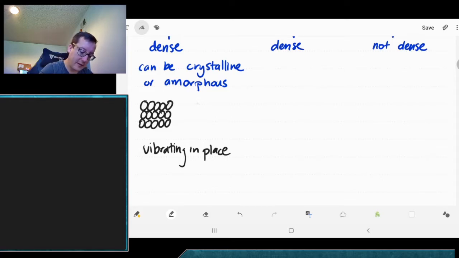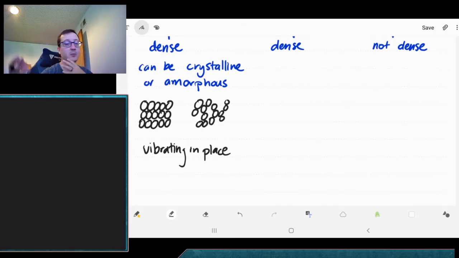Amorphous solids are less organized. So they might have gaps or something in them. But they're also not moving. They're just vibrating. So they don't move side to side. They don't move on top of each other. They just kind of vibrate in place.